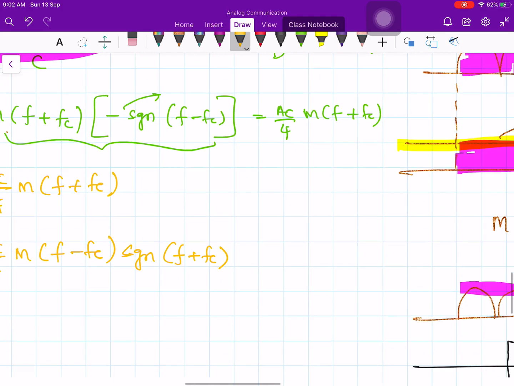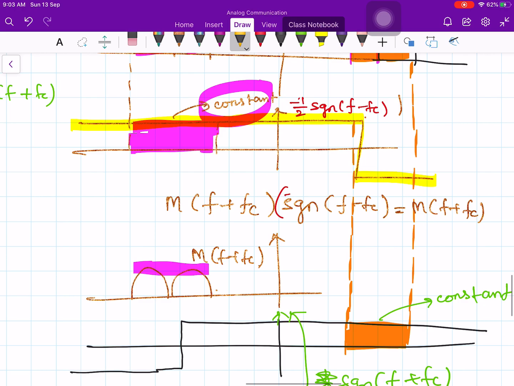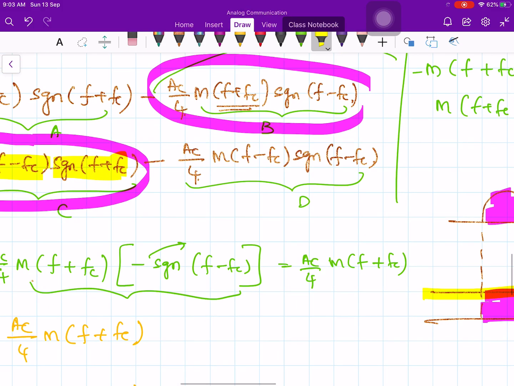But in this case there is no minus term here. This is signum of f plus fc only. But this one is minus 1 by 2 signum of f minus fc. Because of this minus, that minus and this minus are absorbed.